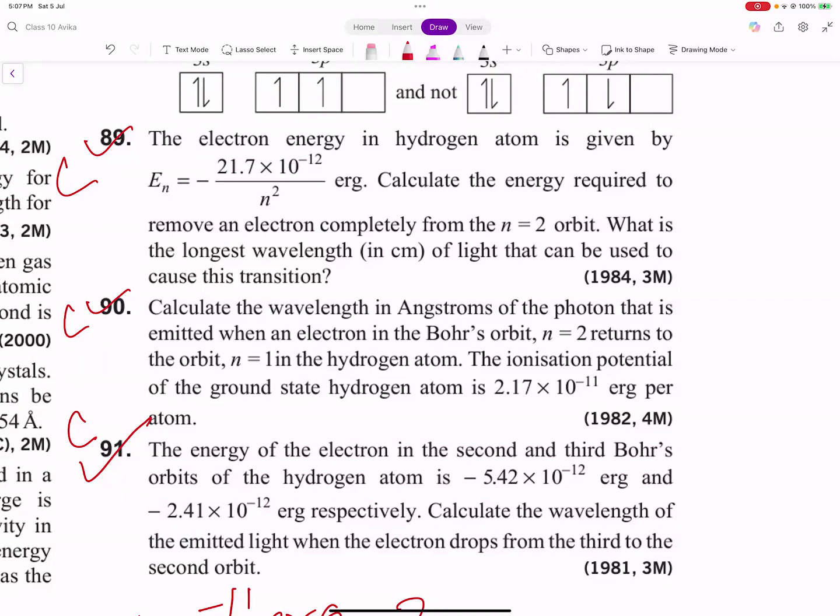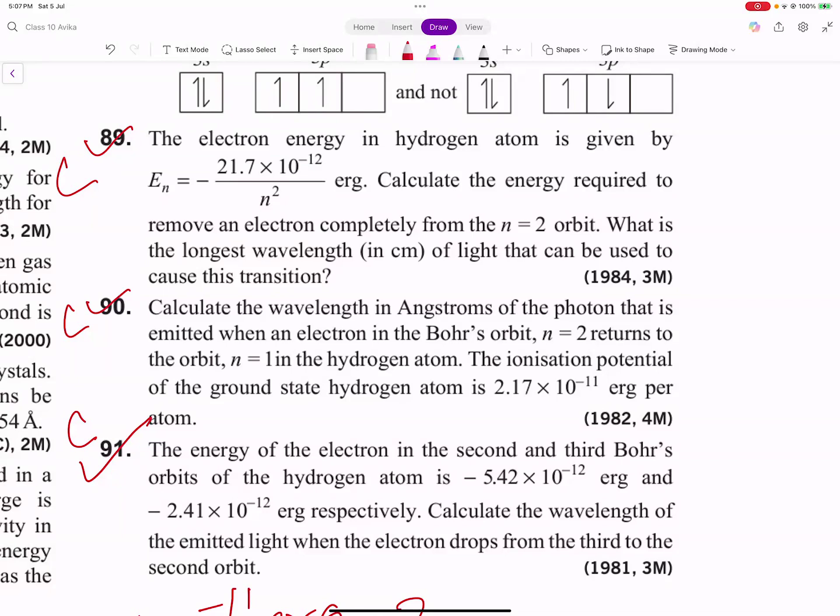See, I'm just trying to teach you one concept, that is delta E. We have to calculate in eV and then we use that lambda 1242.4 or 1243, whatever, by delta E. So we get lambda in nanometer. I got 364 nanometer. Yeah, that is correct.